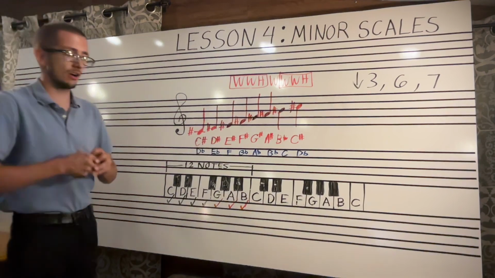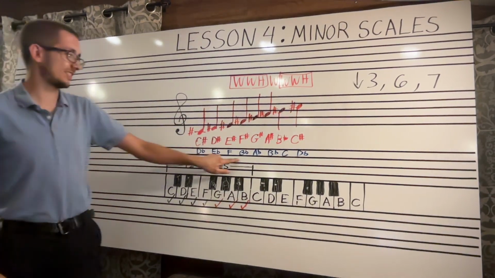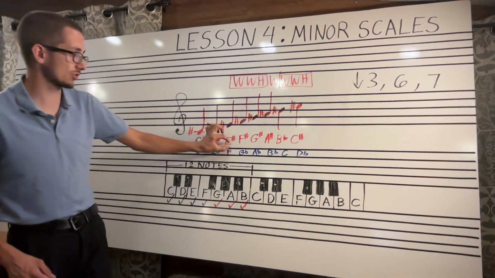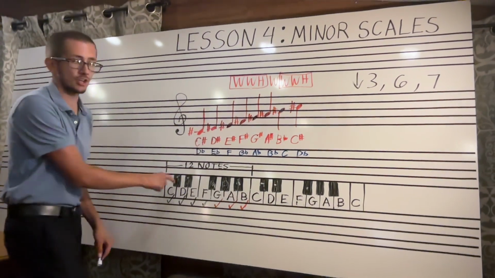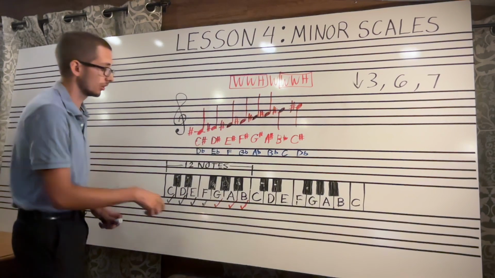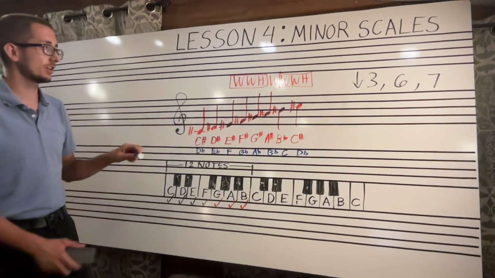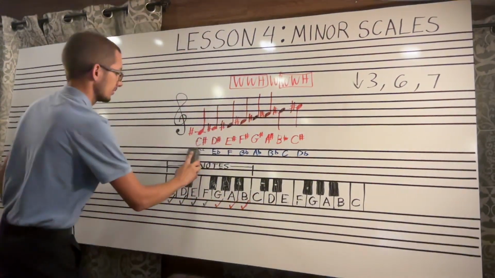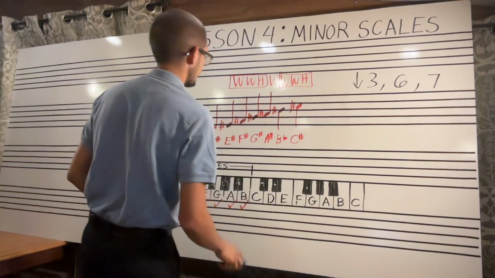So you can see how you could write the C sharp major scale as a D flat major scale and get the same notes. All of these pitches are enharmonic equivalents of each other. But for the sake of finding our C sharp natural minor scale, I wanted to write it out as a C sharp major scale first, and then apply our lowered third and lowered sixth and lowered seventh. So now we've got our C sharp major scale here.